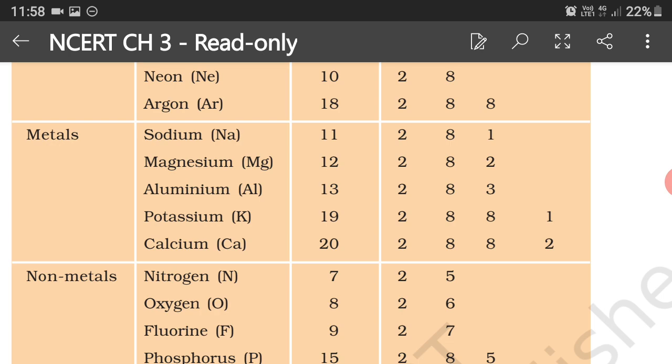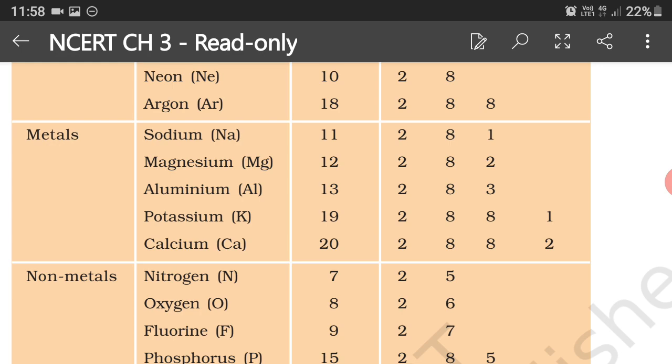If we have valence electrons 1, 2, 3, then the valency is 1, 2, 3. If valence electrons are 4, then the valency is also 4. But if valence electrons are 5, 6, 7 and 8, then we subtract it from 8.